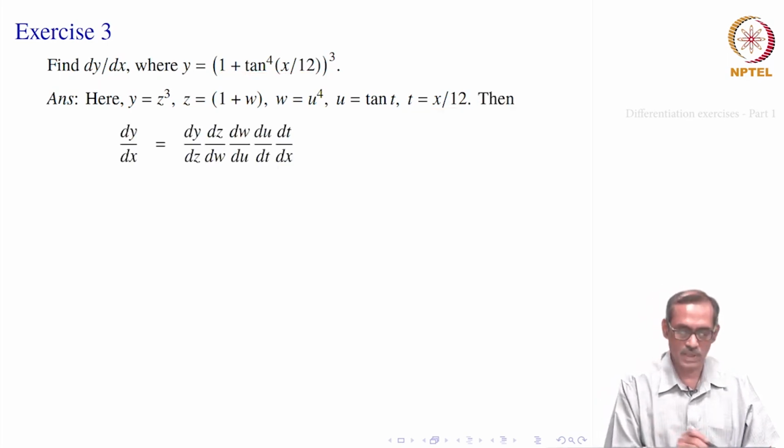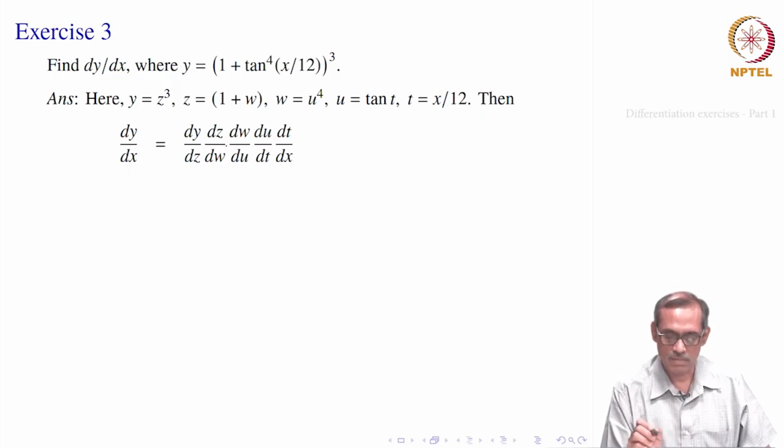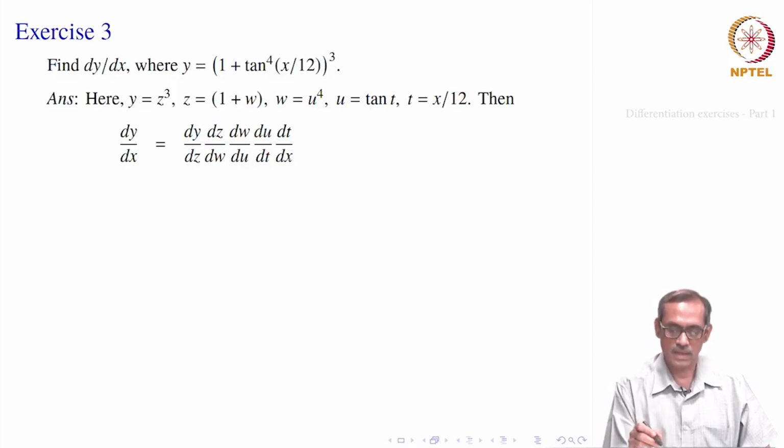So, our formula will be dy by dx equal to dy by dz, dz by dw, dw by du, du by dt, dt by dx. Again, it is an application of the composition rule.